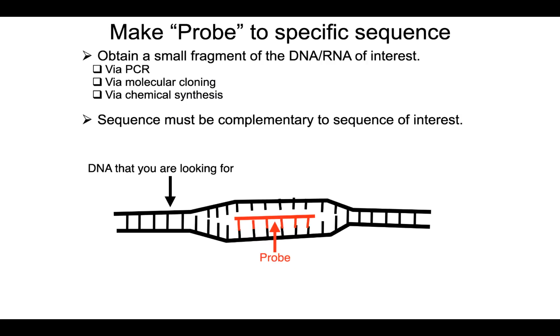In order to detect a specific fragment within a gel or a specific DNA or RNA within an organism, what we need to do first is make a probe. That probe is going to be a small piece of DNA or a small piece of RNA that is reverse complementary to some part of the DNA or RNA that you're looking for.